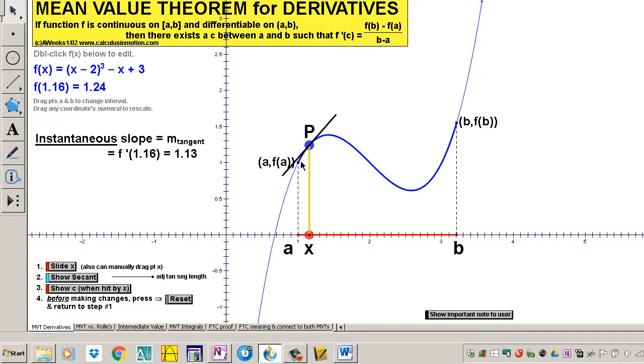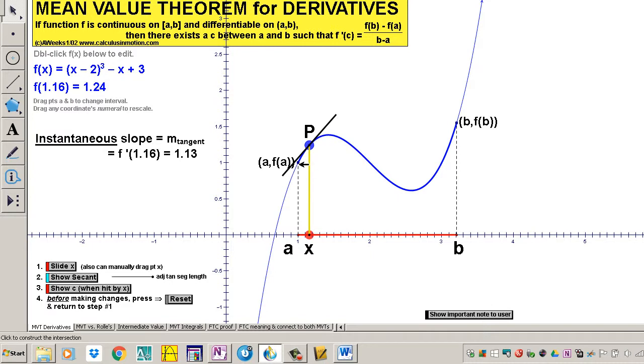Here I have a smooth and continuous curve on a closed interval from a to b. This P represents a point on the graph, and this small black line segment represents the derivative, the slope of the tangent line.